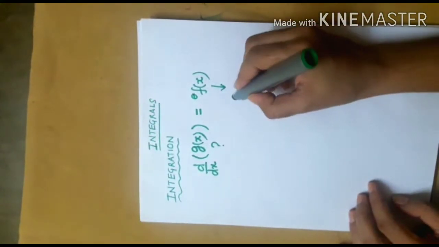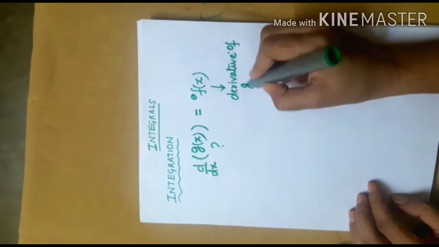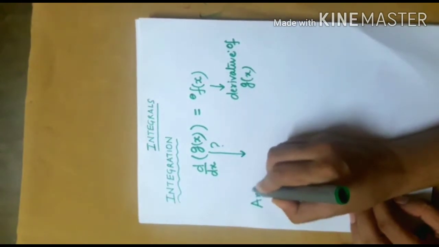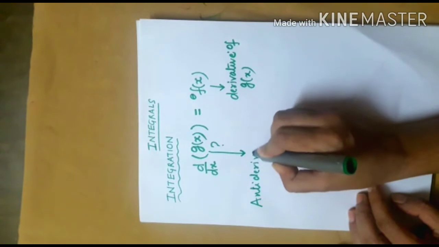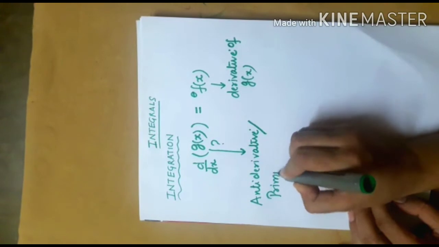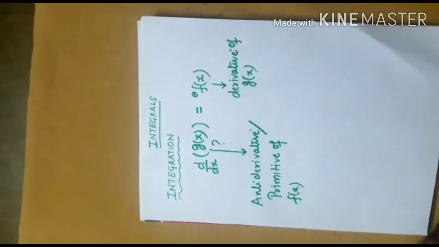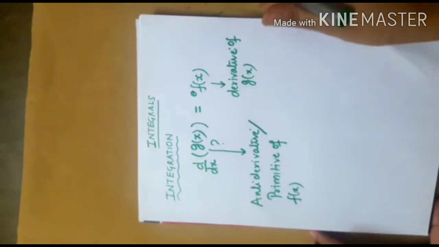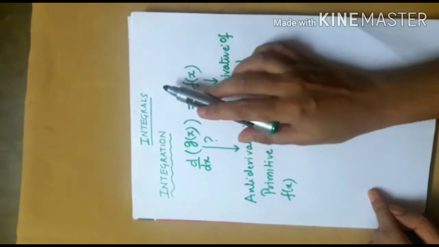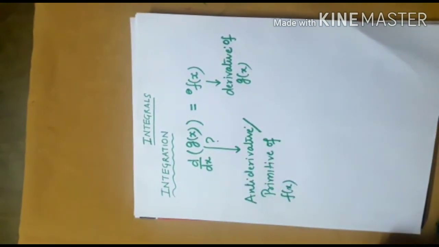Here, f(x) is called the derivative of g(x), and g(x) is called an antiderivative or primitive of f(x). So, integration is the process of finding out the antiderivative of a function.